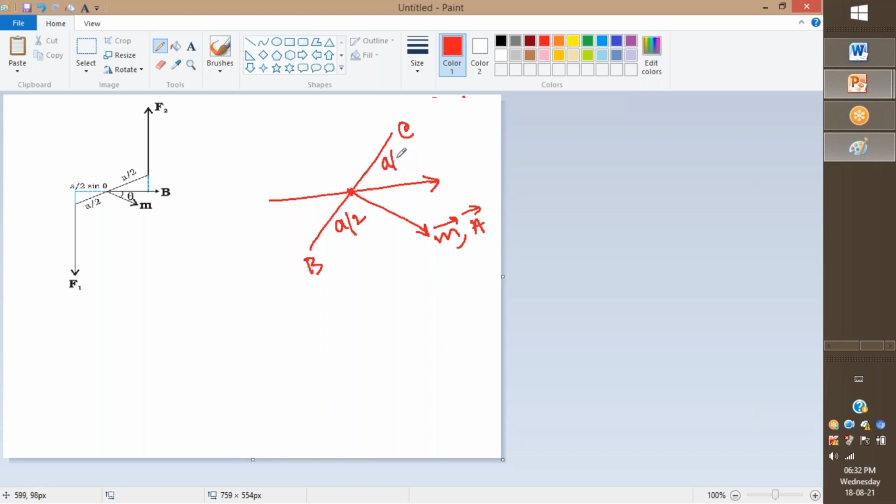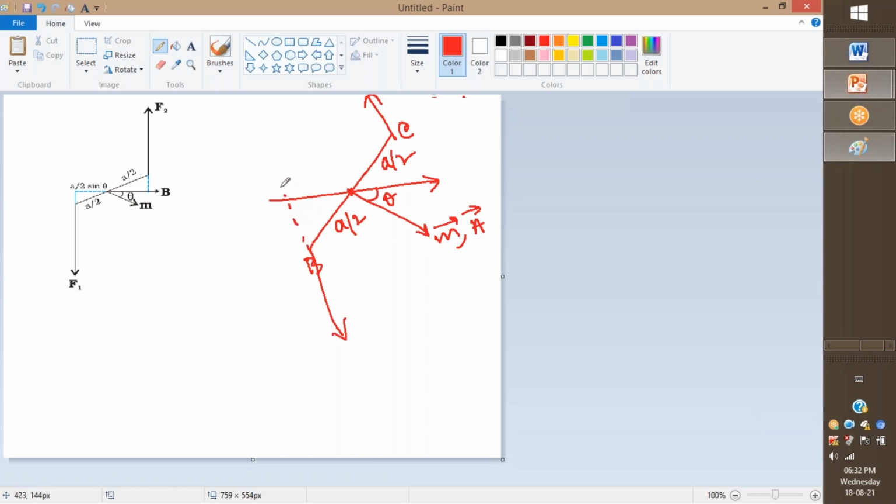So this is the BC side of the loop, and BC has total length A. If this is the midpoint, this is A by 2, and this is also A by 2, and this is the angle theta.